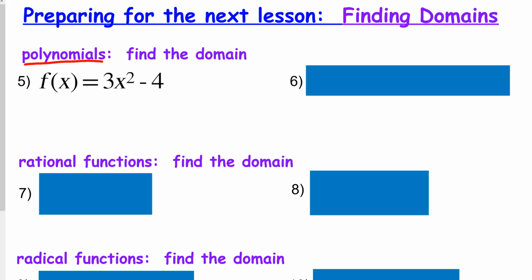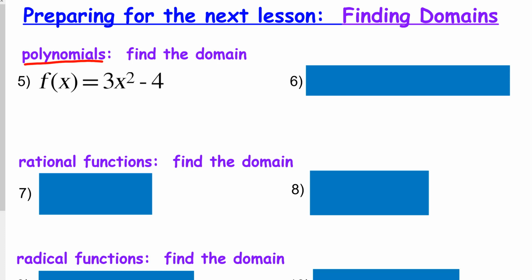If you want to find the domain, you're asking yourself, what real number inputs will give me real number outputs? So can I square any real number I want? Yes, I can. Can I then multiply it by 3? Yes, I can. And subtract 4? Yes, indeed. So you can take any real number, put it into a polynomial, and you'll get a real number out.